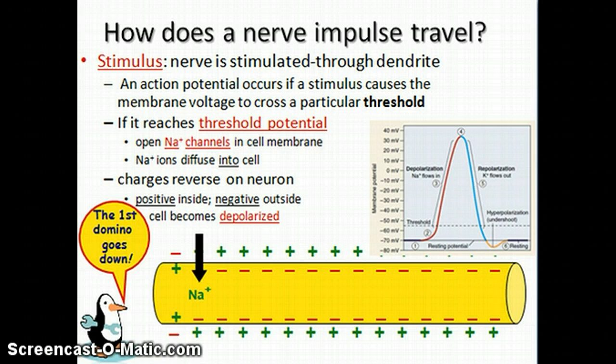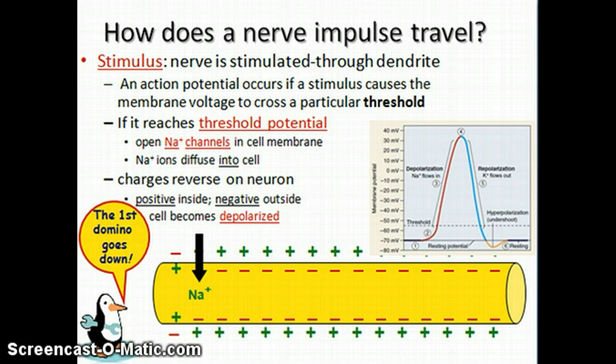So that sodium channel is going to open up, and of course we have this large concentration of sodium outside the cell. As those sodium channels open up, they're considered gated channels. So the gate gets opened and the sodium rushes in.